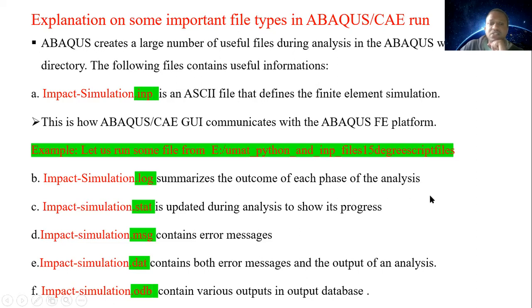The .sta file is also there, the .dat file, the .msg message file, and the ODB files, which are very important files of Abaqus. Okay, so later we can see how we can implement the UMAT file, the Python script, and the .inp file to remodel for further analysis.